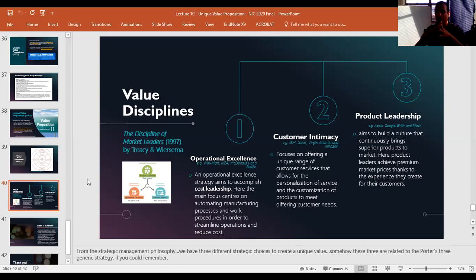The first one, operational excellence, is cost leadership, same as Porter's generic strategy. The second one is focus; customer intimacy is as close as the business strategy of focus which Porter has suggested. And product leadership, where you are trying to differentiate and continuously bring new products and services to the market. So you can relate all these three disciplines with Porter's generic strategies.